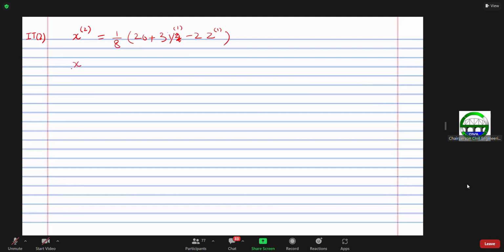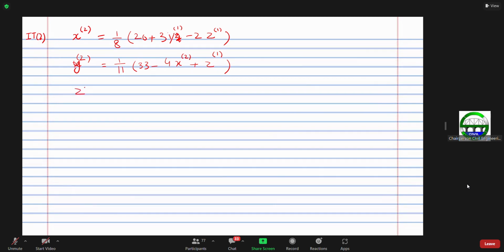And y2, the second iteration, will be equal to 1 by 11 bracket 33 minus 4x in iteration 2 plus z in iteration 1, because we don't have the value of z in iteration 2 yet.